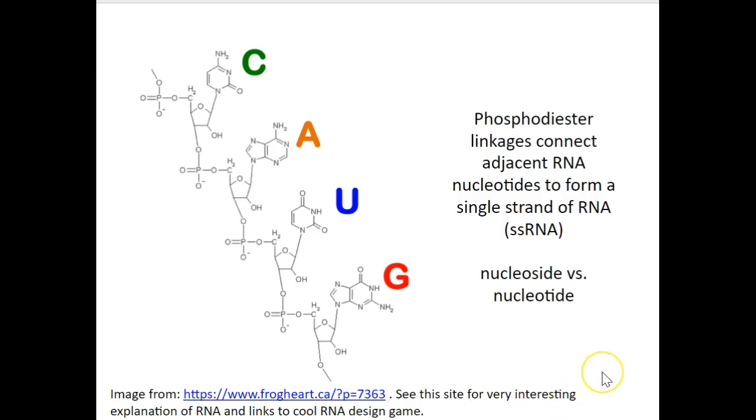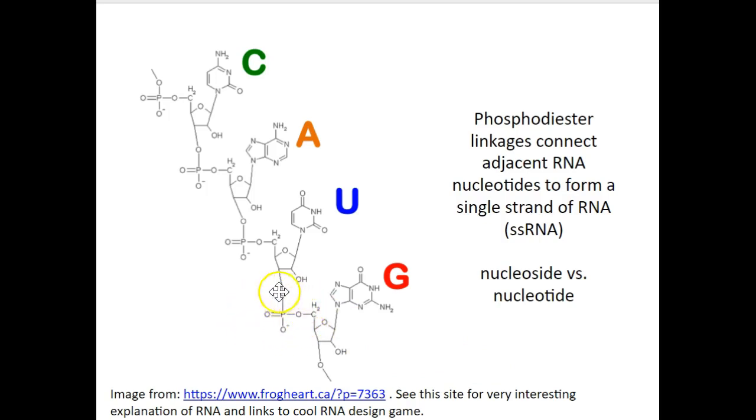All right, so here is a single strand of RNA. And here we've got the RNA nucleotide C, then A, then U, and then G. So when RNA nucleotides are linked together through the process of RNA synthesis, another word for that is transcription, which is the same thing as RNA synthesis, those nucleotides are connected together by what are called phosphodiester linkages.